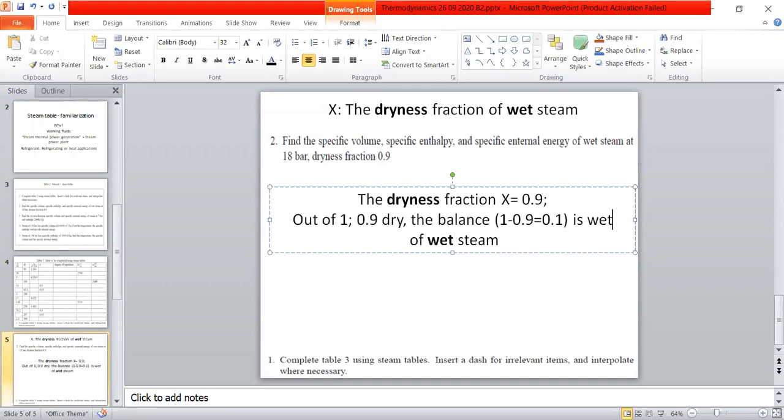That's why dry and wet combined, we call it wet steam.